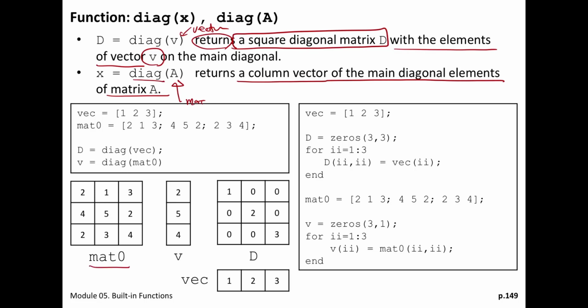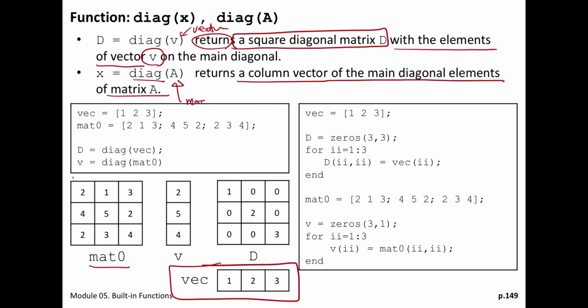Mat 0 is this 3 by 3 matrix, and V is a vector. Okay, the V vector is the 1 by 3 row vector.